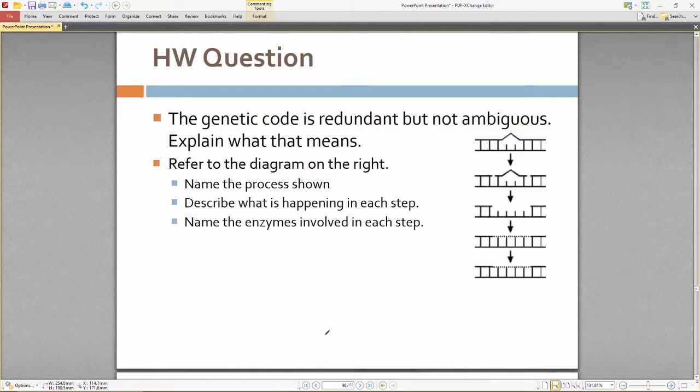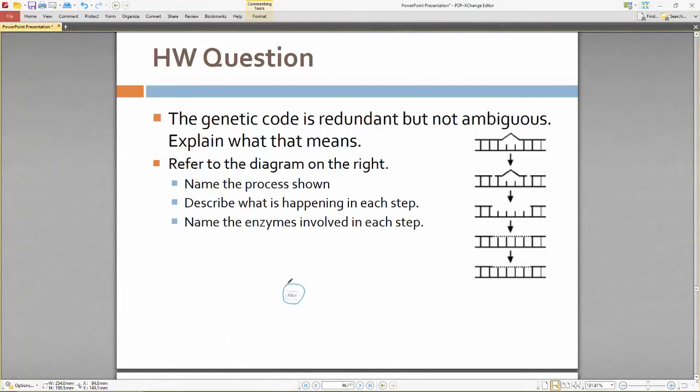So let's look at some questions. The lesson today was pretty short. So the genetic code is redundant but not ambiguous. Do you guys know what that means? Any answers? There's multiple codons that can pair for an amino acid, but it only creates one amino acid.